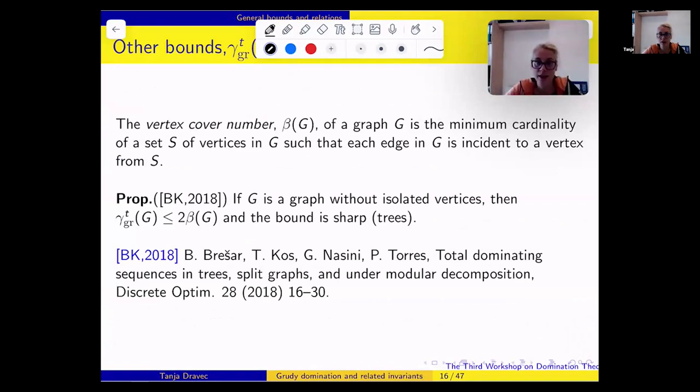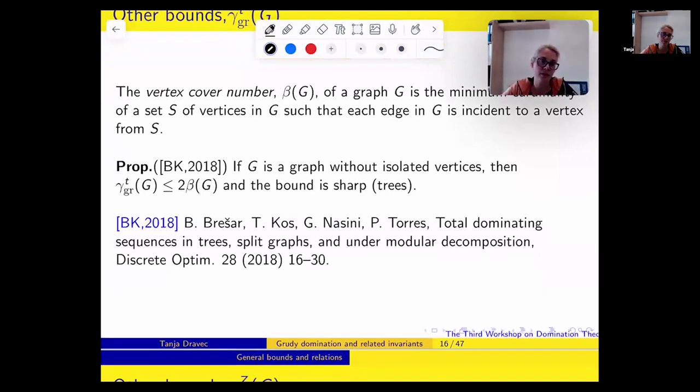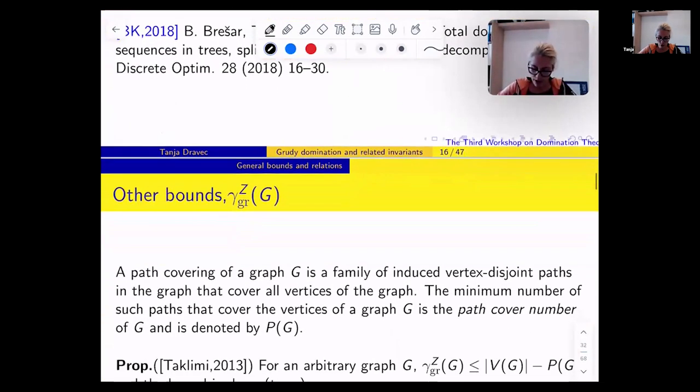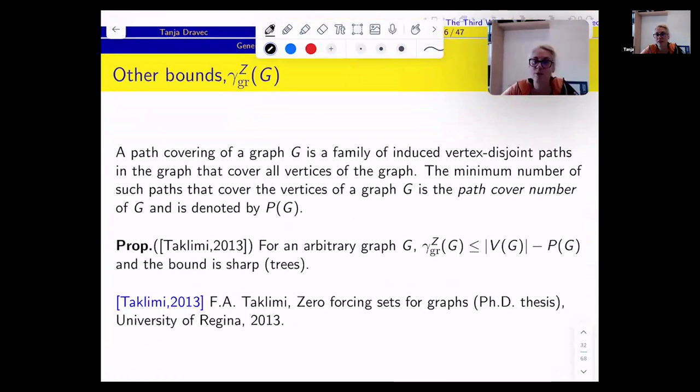In 2018, Brešar, Kos, Nasini, and Torres proved that the Grundy total domination number is bounded above by 2 times the vertex cover number. They proved also that the bound is sharp. For example, it's achieved in trees.